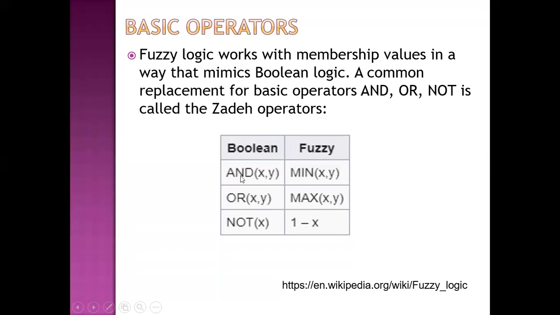So corresponding to AND in Boolean is the minimum of membership functions of two fuzzy sets in the same universe of discourse. The OR function corresponds to the max operator in fuzzy sets, and the NOT operator is equivalent to 1 minus the membership function.